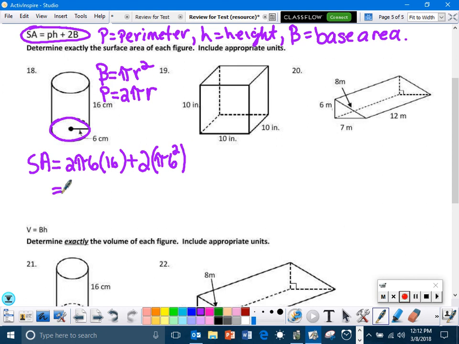Okay. Now, I do not want you to do anything with the pi symbol. We're going to leave the pi symbol alone. So we're just going to put the pi right down there in our answer. Now, the rest, all we have to do is type that into the calculator. So we're going to type 2 times 6.